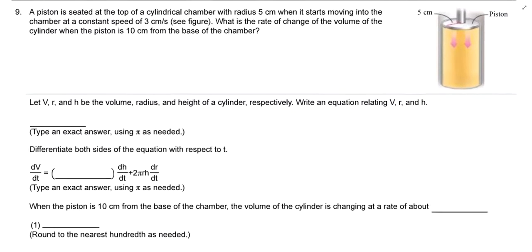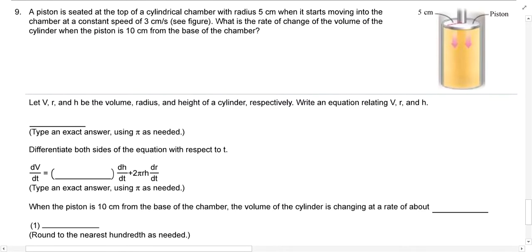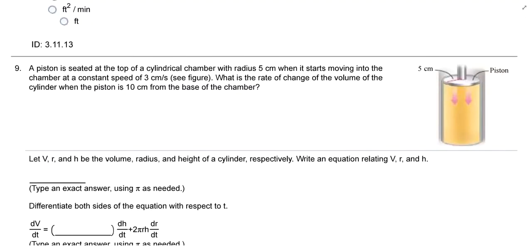I'm going to skip ahead past 8 and instead talk about number 9. We have a piston that's seated at the top of a cylindrical chamber, so we're inside of this cylinder, and the radius of the piston is 5 centimeters. When it starts moving into the chamber at a constant speed of 3 centimeters per second, what is the rate of change of volume?